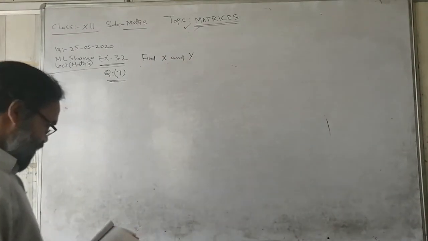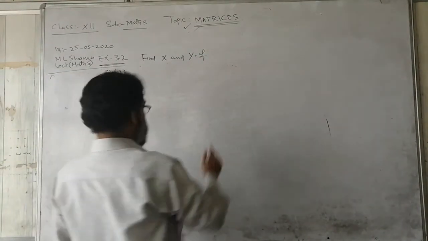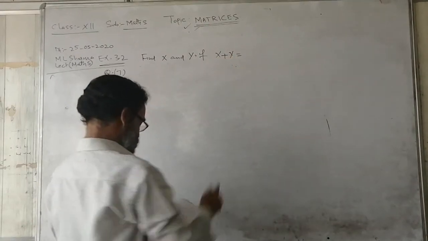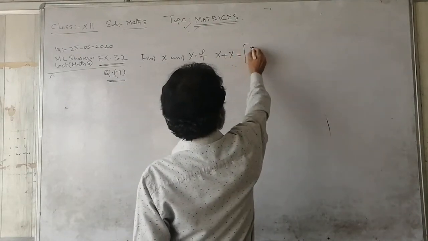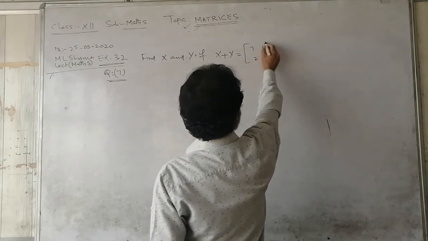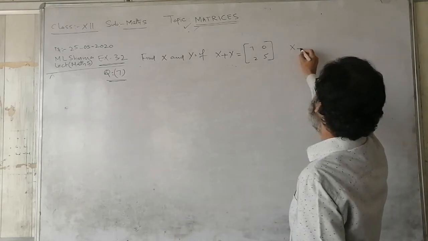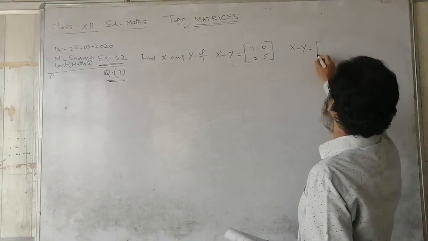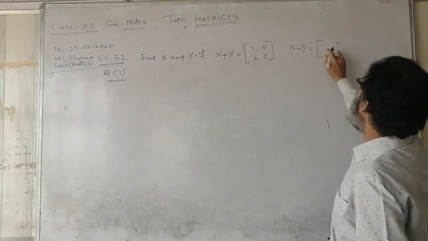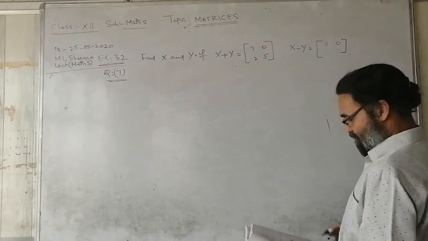We have to find the value of x and y, if x plus y is the matrix 7 0 2 5, and x minus y is given as 3 0 0 3.